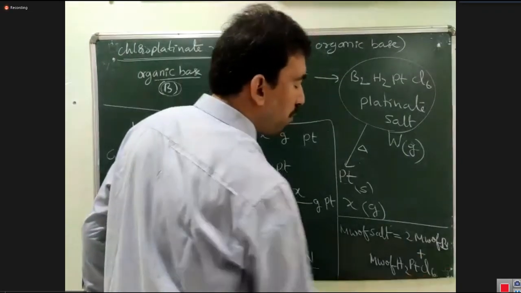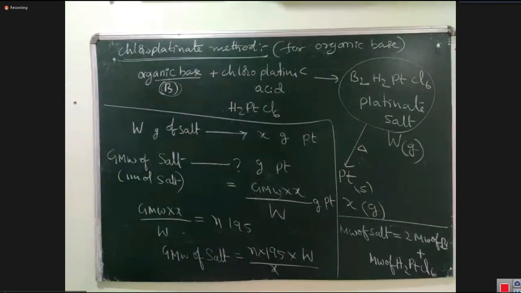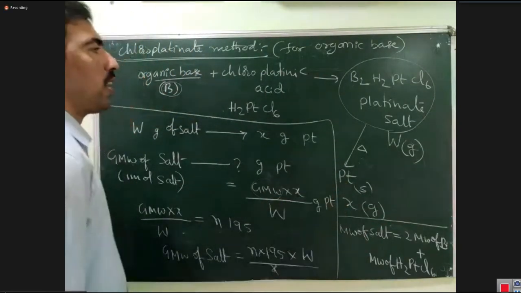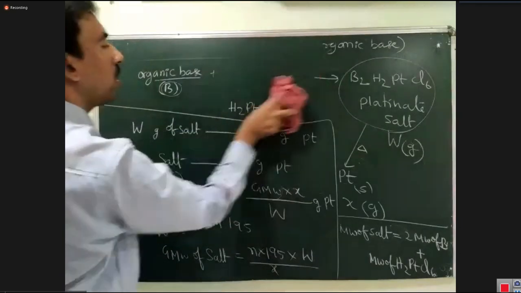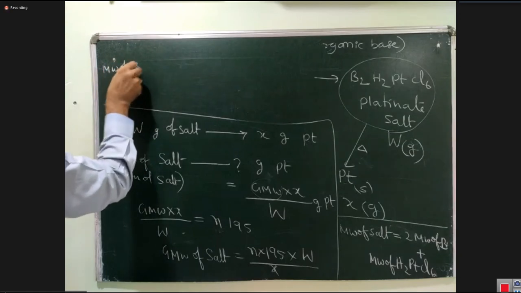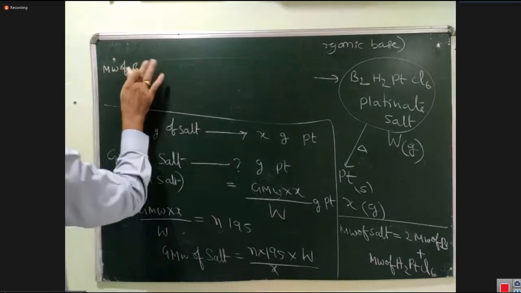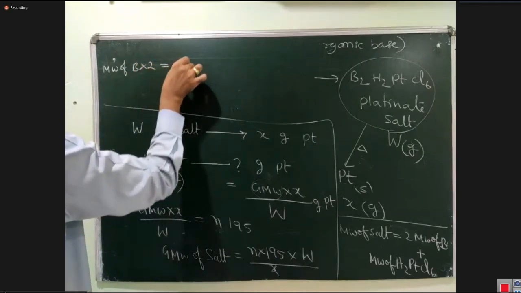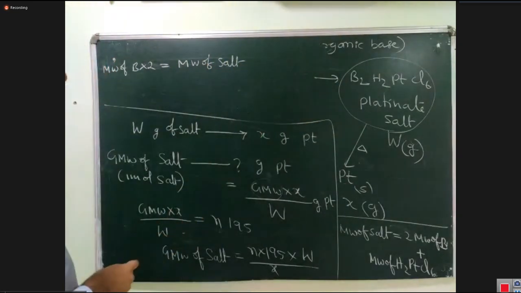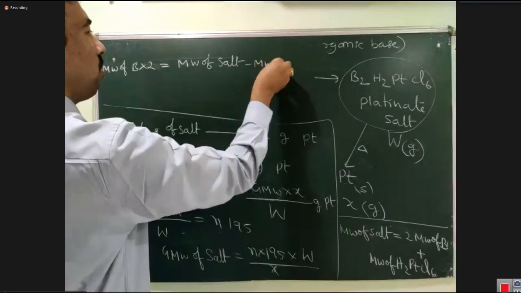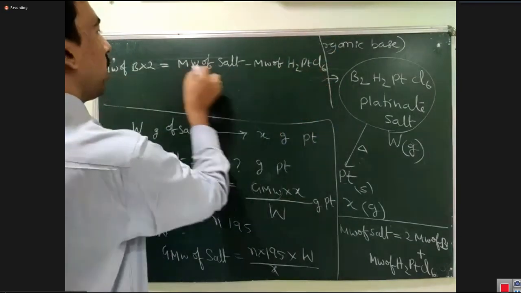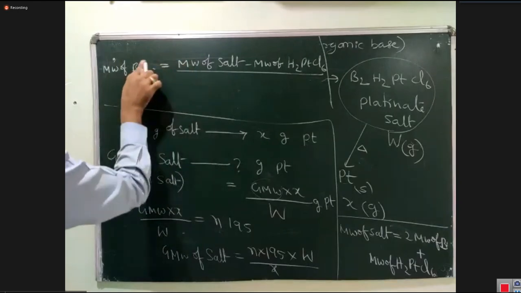Now the molecular weight of base is equal to what? 2 into the molecular weight of base is equal to the molecular weight of the salt minus the molecular weight of H2PtCl6. Then you take the 2 to the other side. So the molecular weight of base is equal to the molecular weight of the salt minus the molecular weight of H2PtCl6, divided by 2.